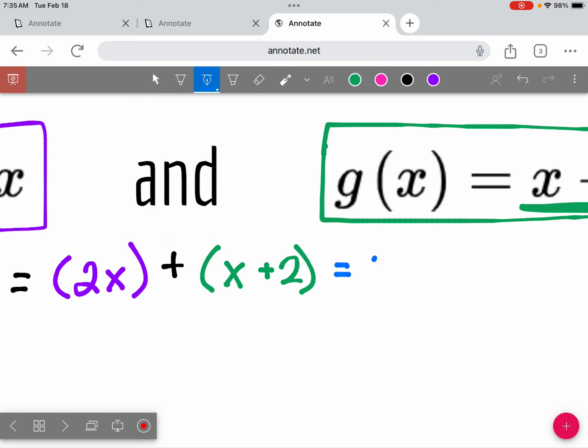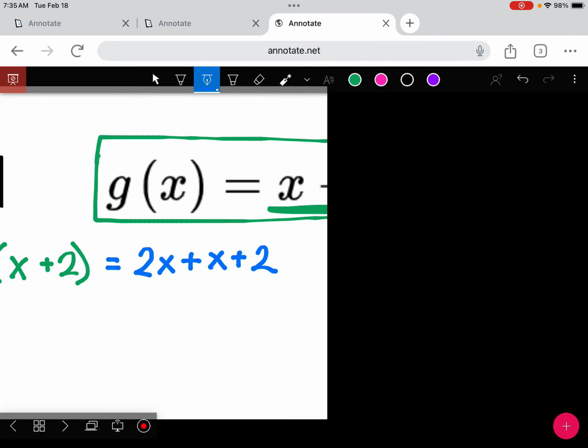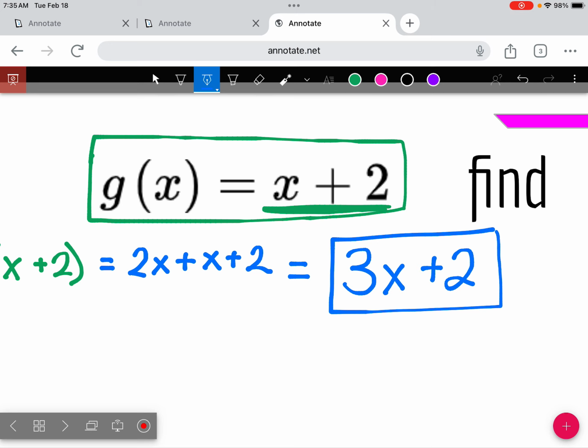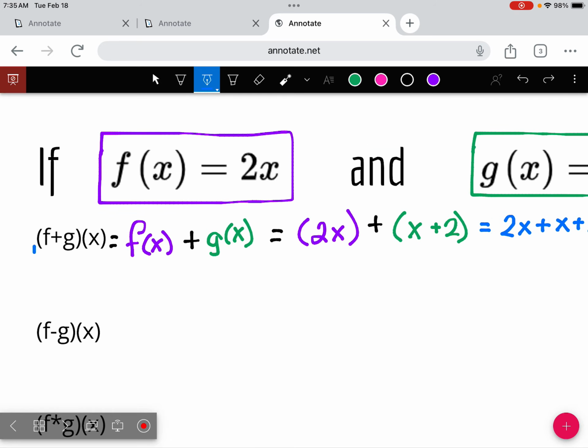So this is the exact same thing as 2x plus x plus 2, which simplifies. 2x plus x plus 2 gives me 3x plus 2. So f plus g of x got to 3x plus 2. We substitute pieces in, and then we simplify.